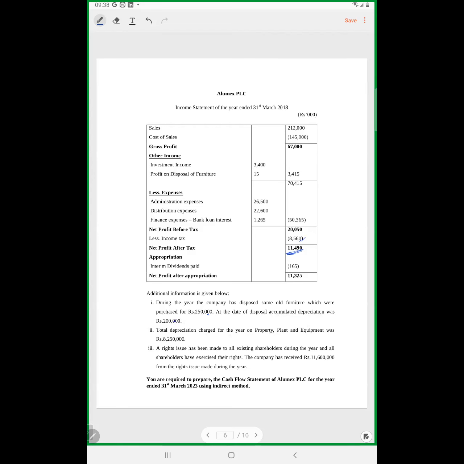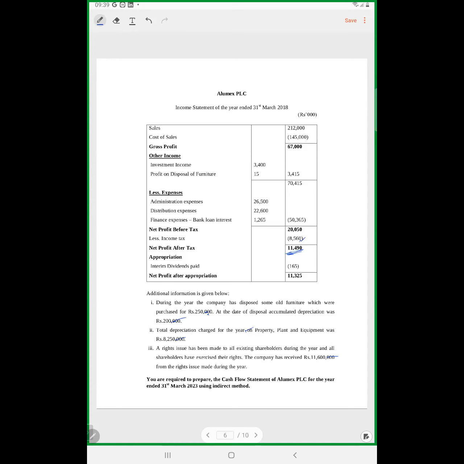Total depreciation charge for the year on property, plant and equipment was 8,250. A rights issue has been made to all existing shareholders during the year and all shareholders have exercised their rights. The company has received 11,600. I'll remove the last three decimal places, from the rights issue made during the year.